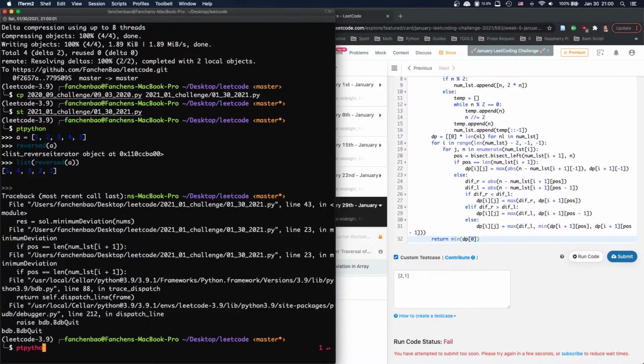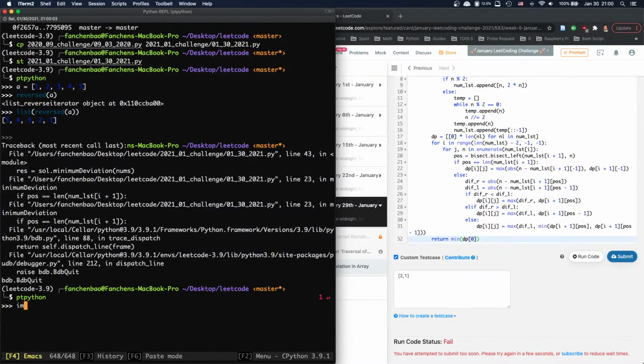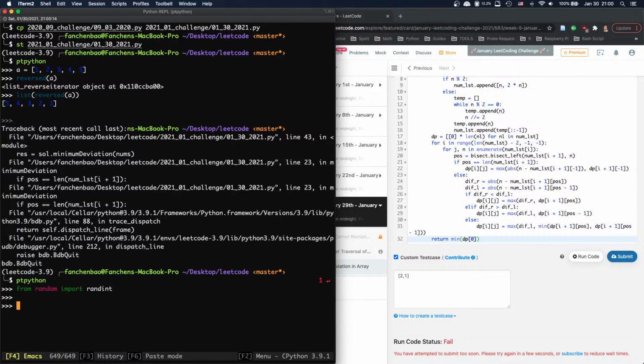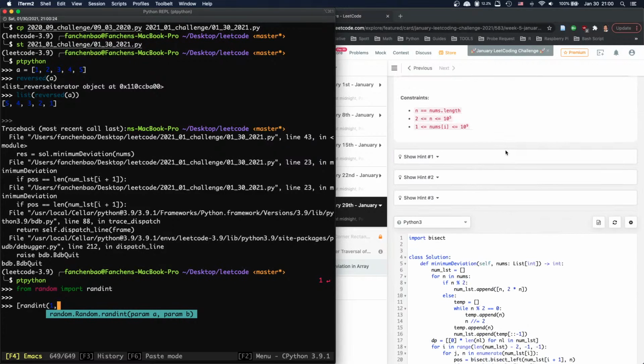I'll take advantage of this. I'm gonna do import random, and then we're gonna do random 1 to 10 to the 9. Jesus. Man, what happened to my typing today? 10 to the 5th.